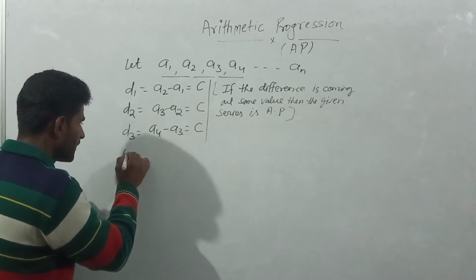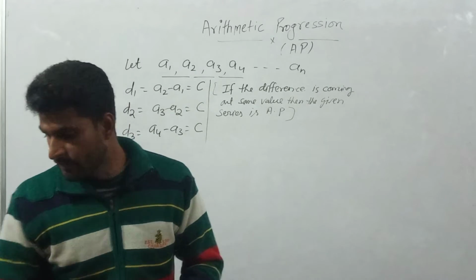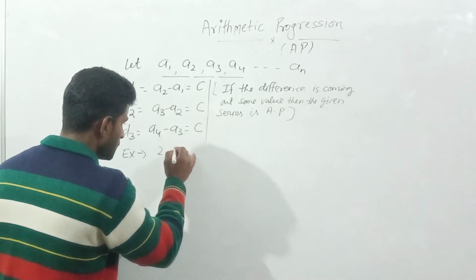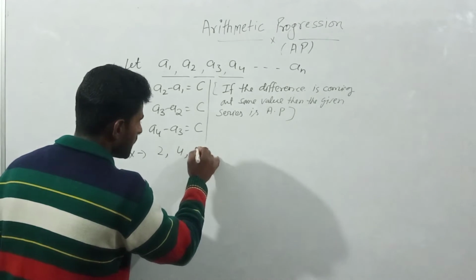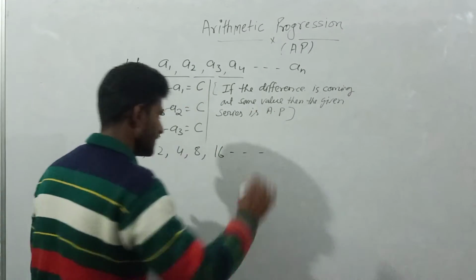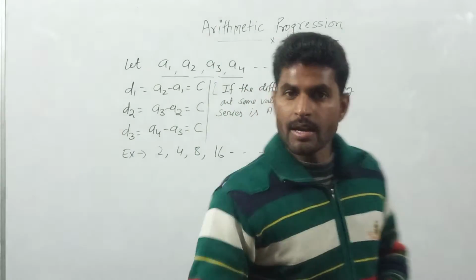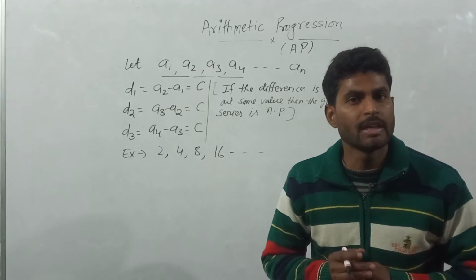So I am going to take the first example from your exercise. This is the series given: 4, 2, 4, 8 and 16, and so on. The question is asking to find out whether it is AP or not.